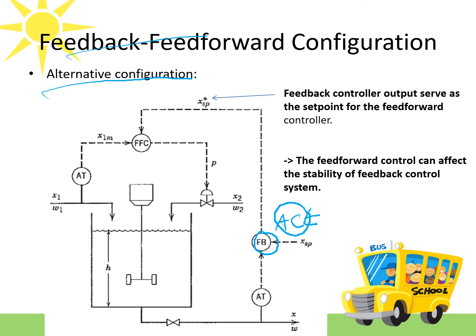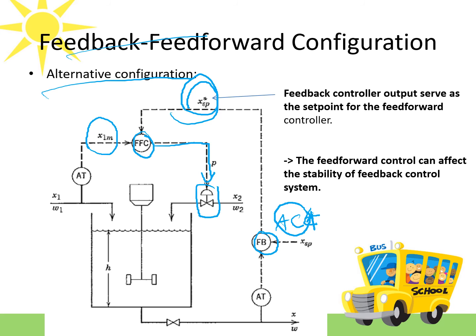So now the output from the feedback controller is sent to the feed-forward controller as the new set point for the feed-forward controller. So the feed-forward controller will compare the measured value with the new set point and send the corrective action to the final control element here.